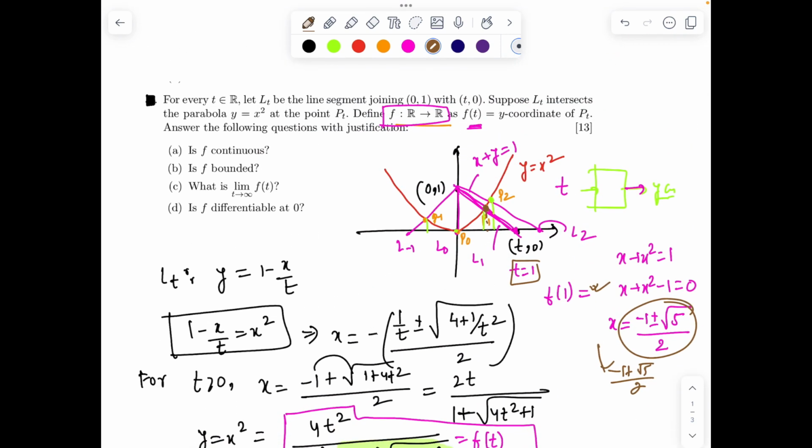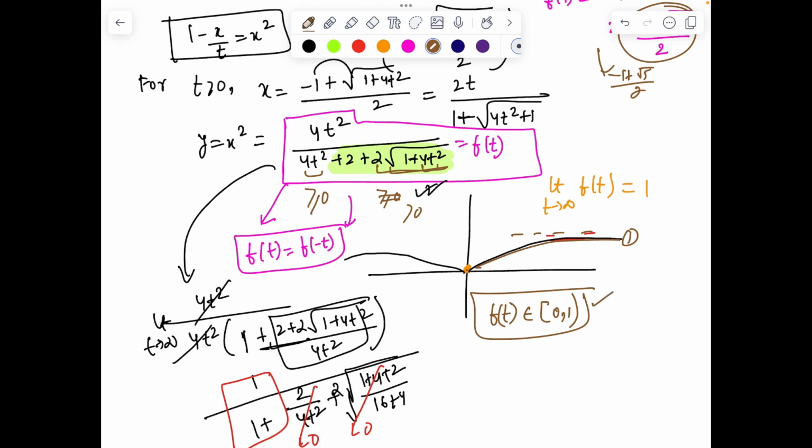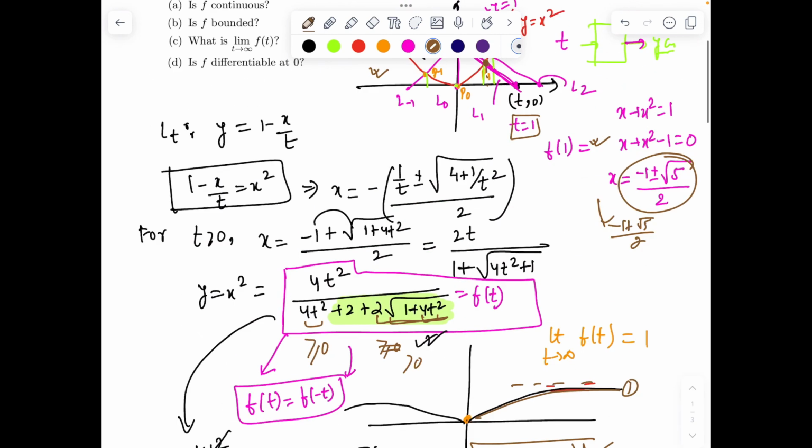But philosophically, the graph will probably do this, because it will monotonically increase and try to saturate to the 1 level. So the range of function f of t definitely belongs to 0 to 1. So this is a bounded function, right?